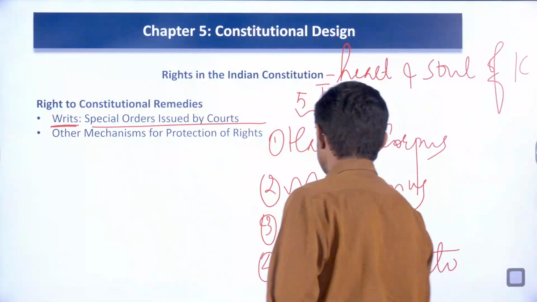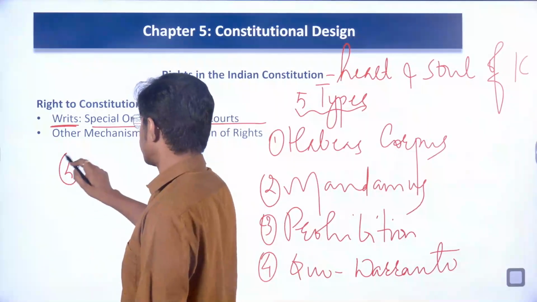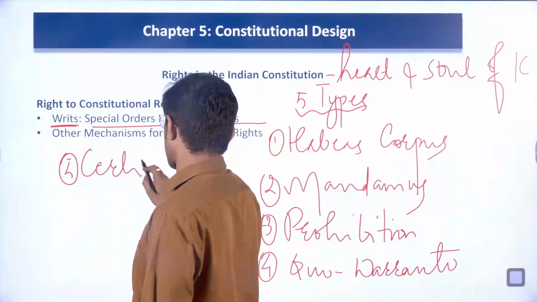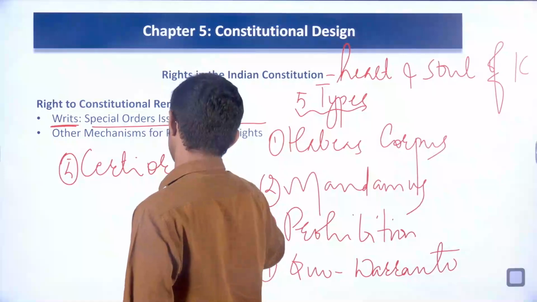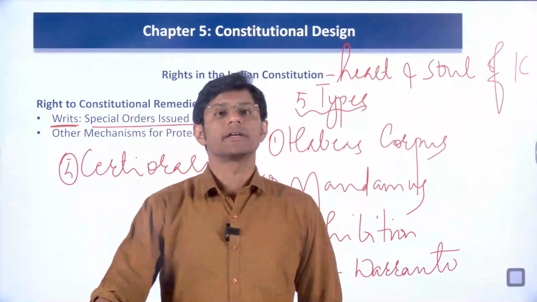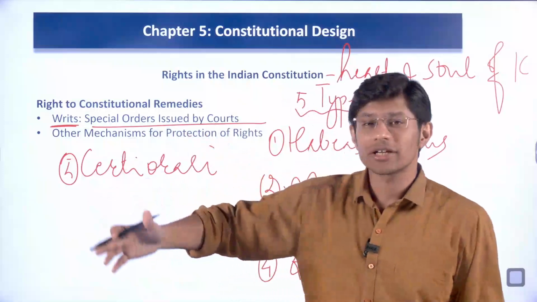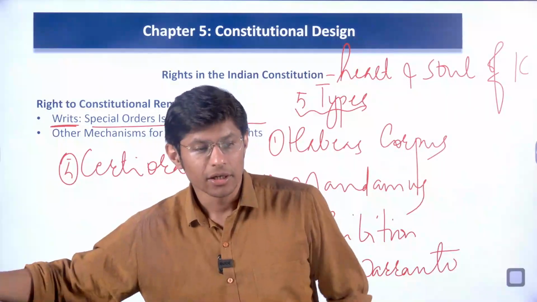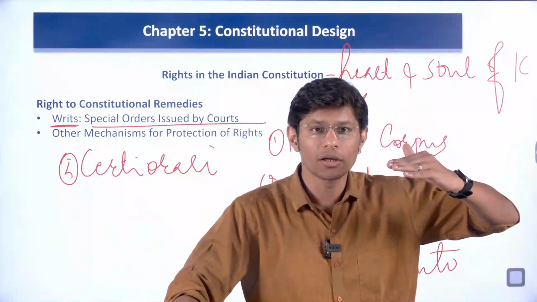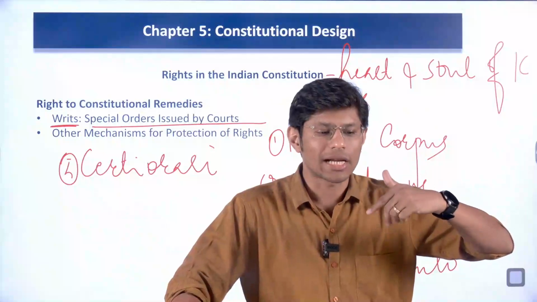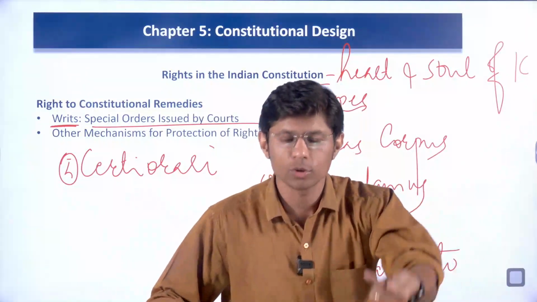Then the last is the fifth writ, certiorari, which allows a higher court to transfer a case from a lower court. So here the Supreme Court has the power to transfer a case from the High Court to the Supreme Court.